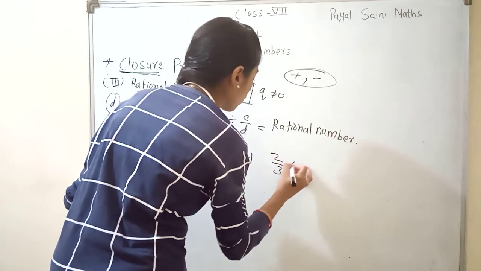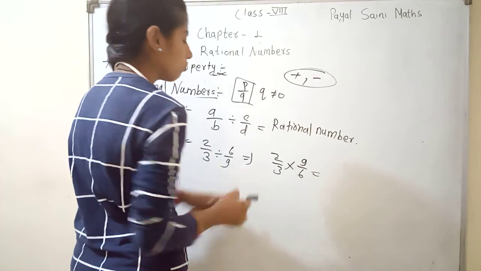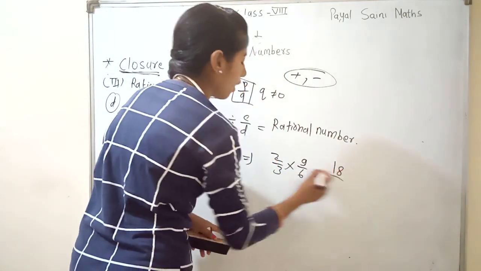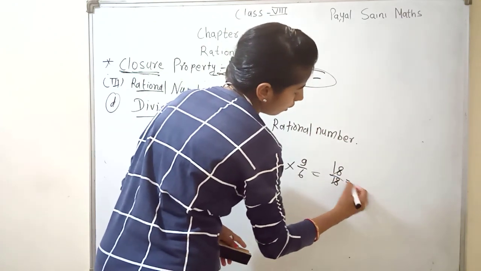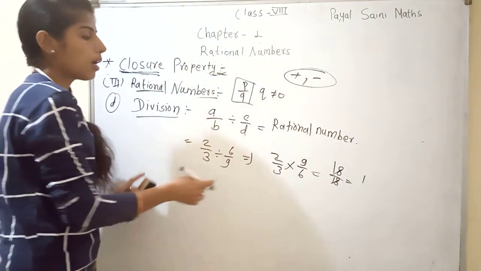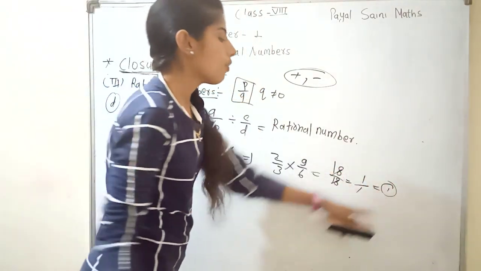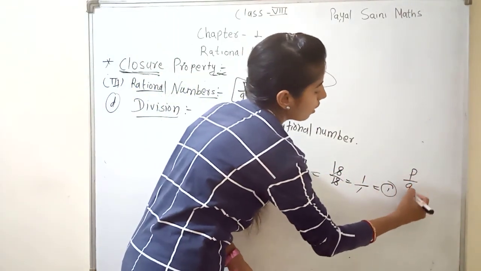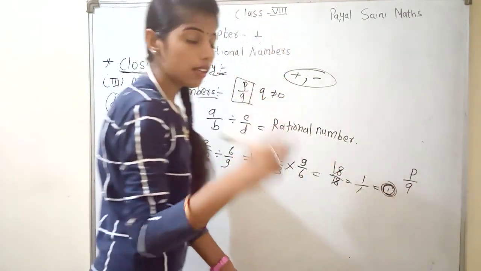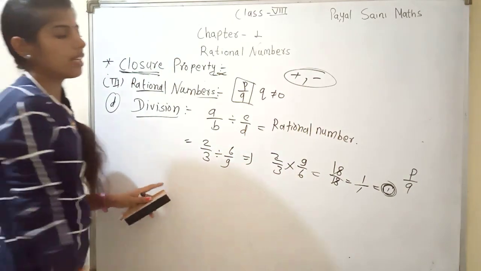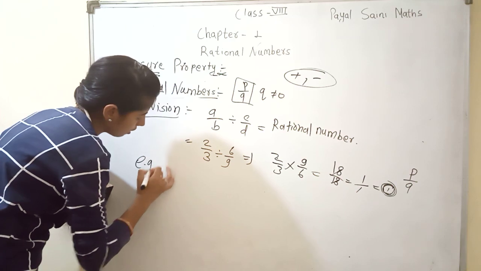Then 2 by 3 into 9 by 6. 9 twos are 18 and 6 threes are 18. 18 cuts, then 1 by 1, so your answer is 1. We know that a rational number is always written as P by Q, and your last answer is only 1. By the first example we say it's not verified.